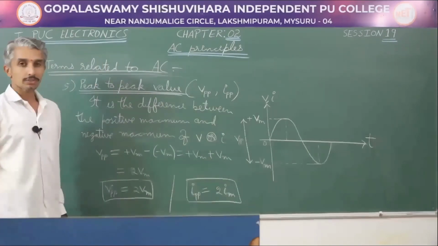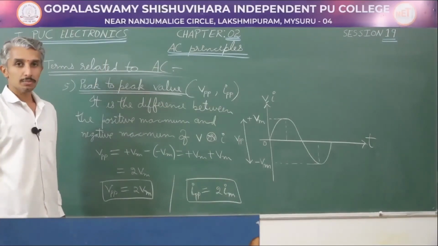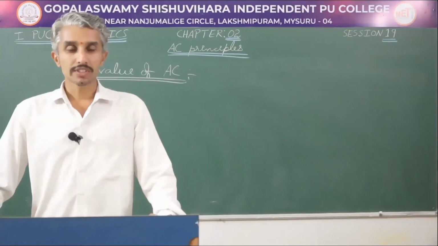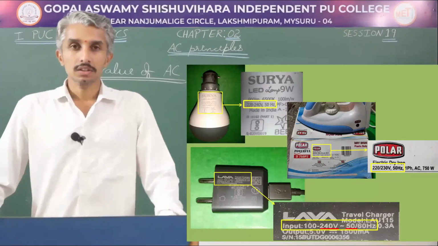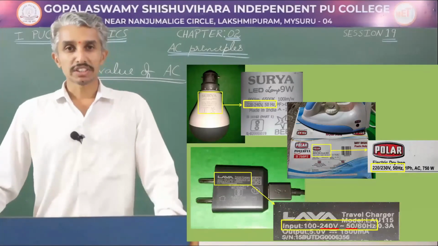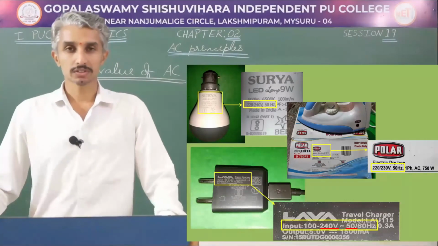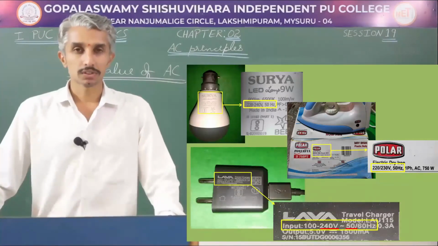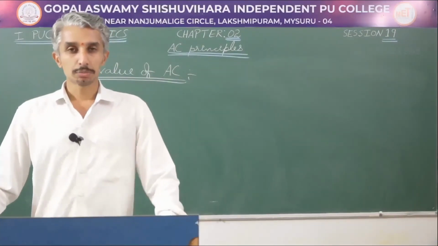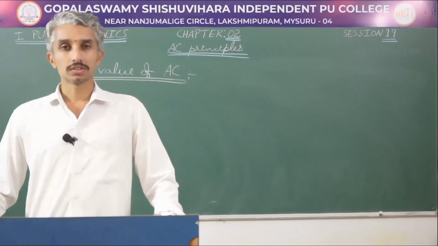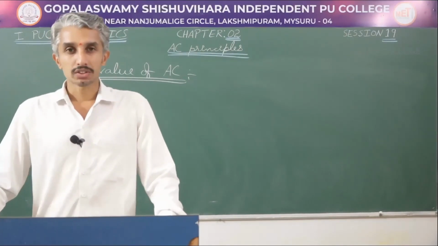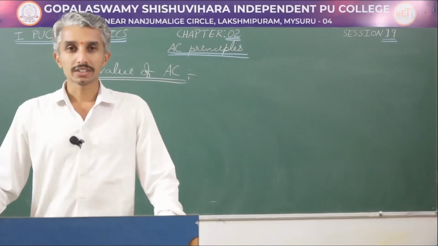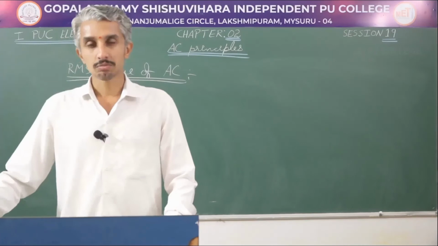We will proceed further. Next, we will look into what we mean by RMS value of alternating current. When you look at the electrical appliances, the operating voltage mentioned there is 220 volts, if not 220, either 230 or 240 volts. What does that mean? Is it the peak value of the voltage? No, definitely not. The other name for it is the DC equivalent.